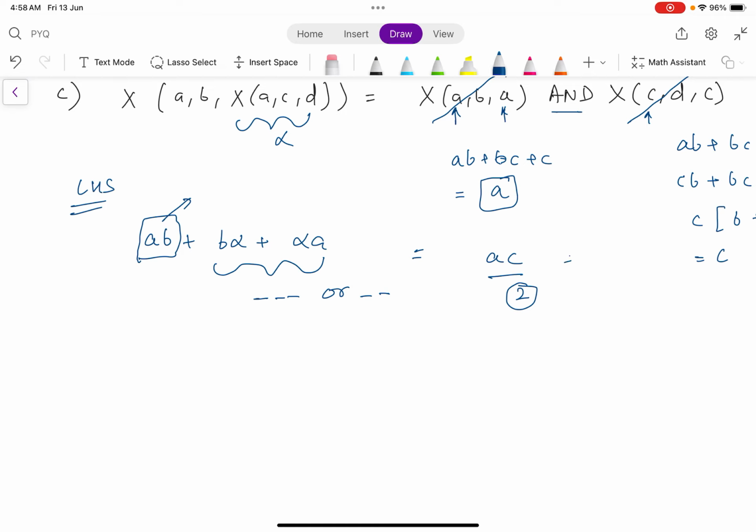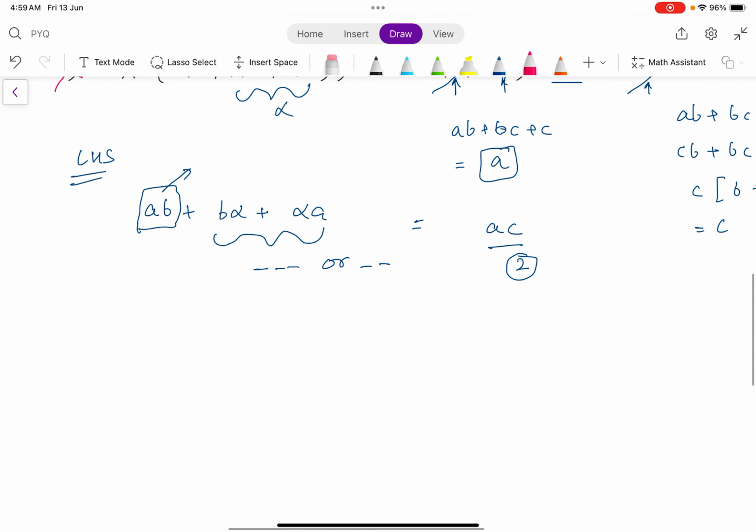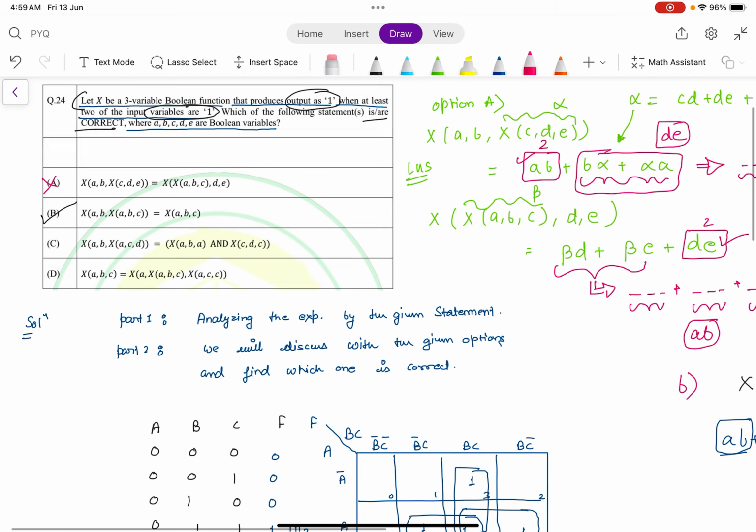It can't have a minterm AB anyhow. So your option C is also wrong, because it can't have AB here. It is possible to have AC here by deriving from this, but it can't have AB here. So LHS is not equal to the RHS. So your option C is not correct.